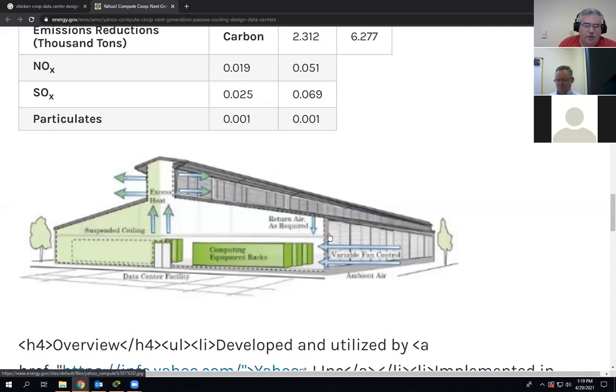It's a way to save money, so you're not having to use air conditioning to cool your data center. In a northern climate, this would work wonderfully. This would probably not be good for places like Arizona, where it's already very, very hot. But it's a really interesting design, and I just like the word chicken coop. We talked about this earlier.